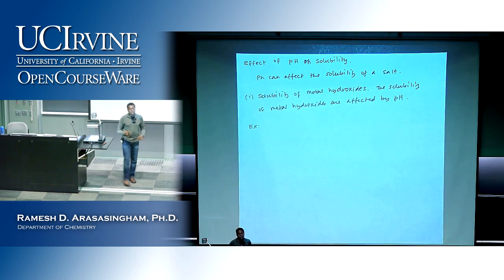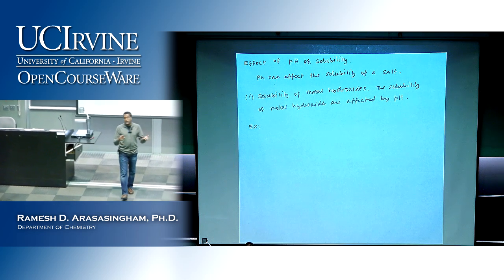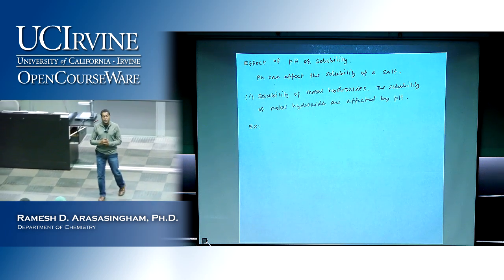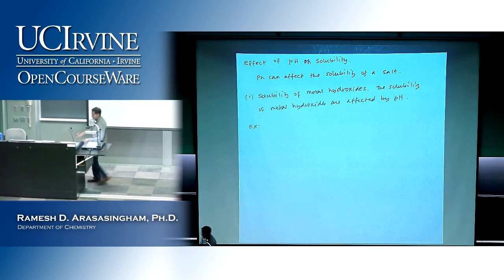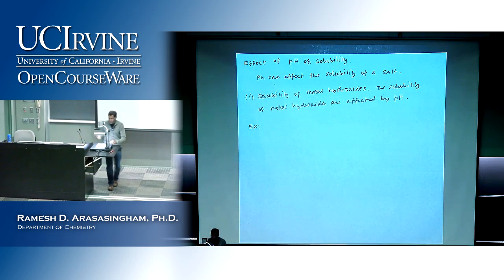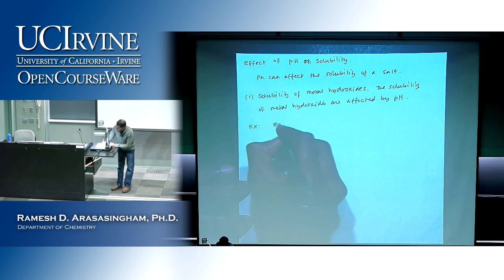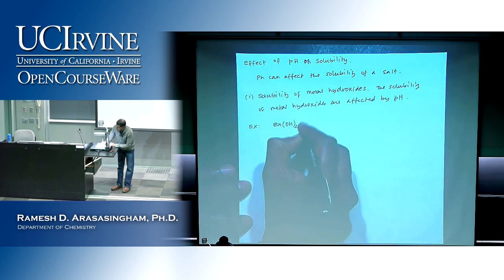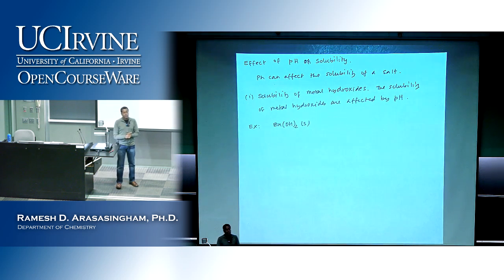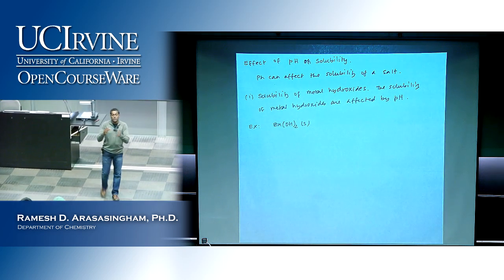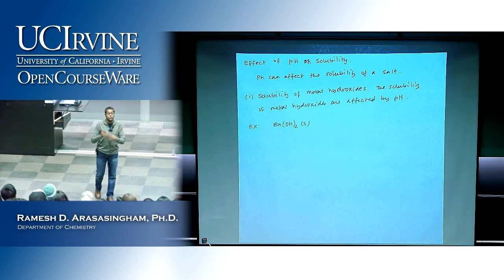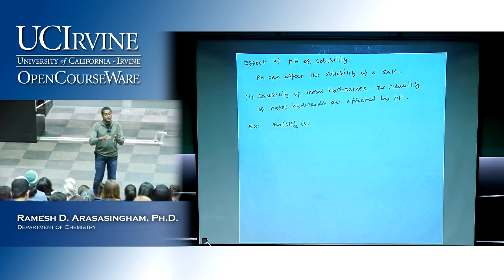A metal hydroxide is one that has metal cations and hydroxide ions as the anions. So if you take something like zinc hydroxide, this is an insoluble salt. And remember, if you're not quite sure, you can look at solubility rules, and you know that the only hydroxides that do dissolve are group 1 metal ions and ammonium ions.